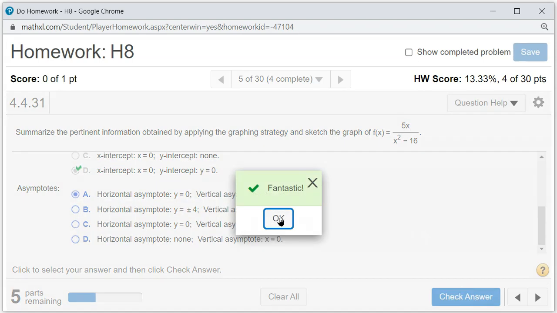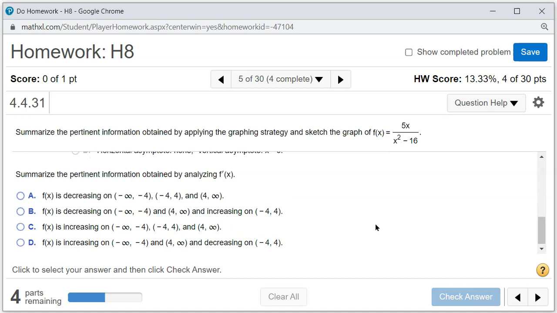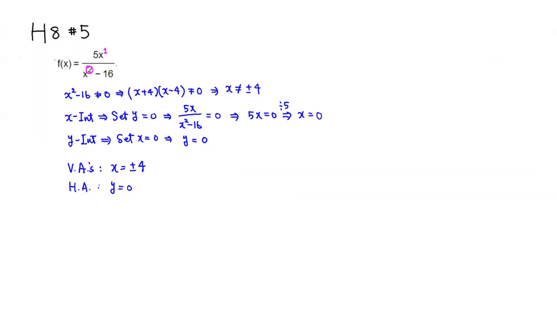Then we look at the increasing and decreasing behavior, so we take the derivative. f prime of x is another quotient rule. We square the bottom, quantity x squared minus 16 squared. I'm going to put the 5 in front.